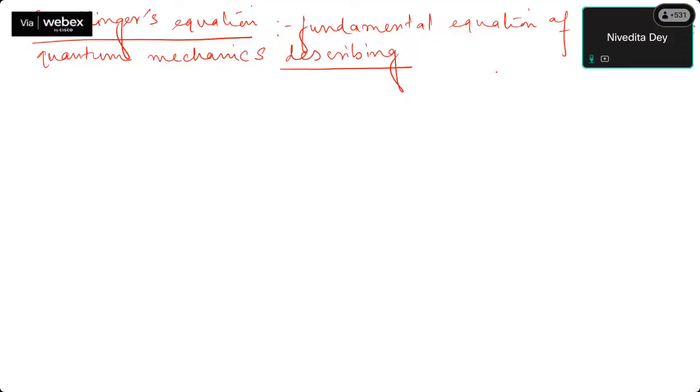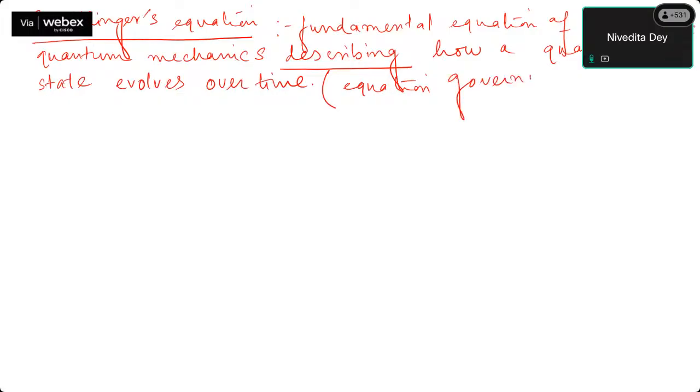Describing how a quantum state evolves over time. So it is the equation governing the time evolution of quantum states.